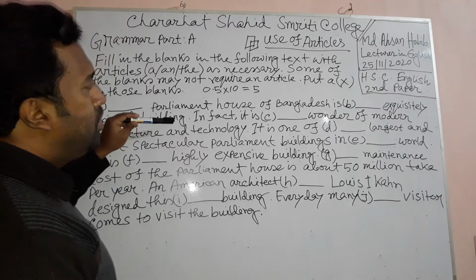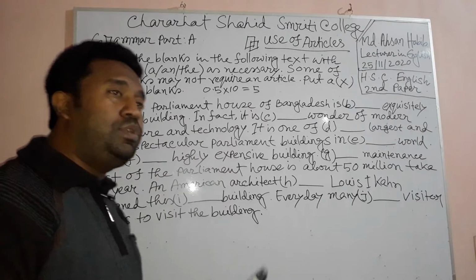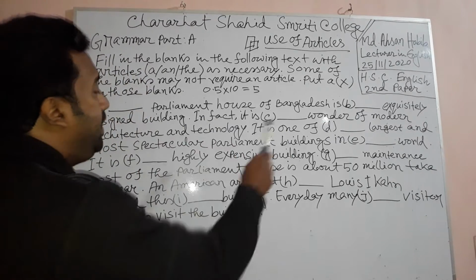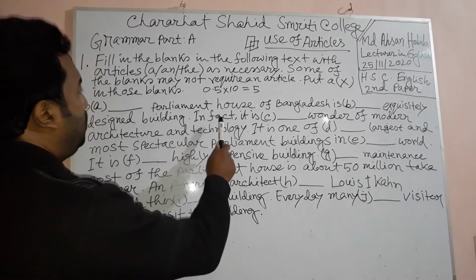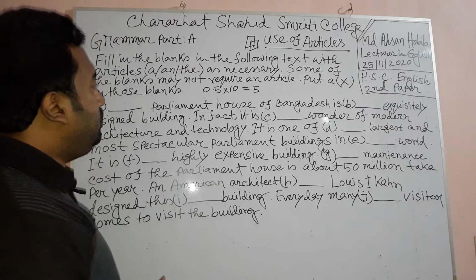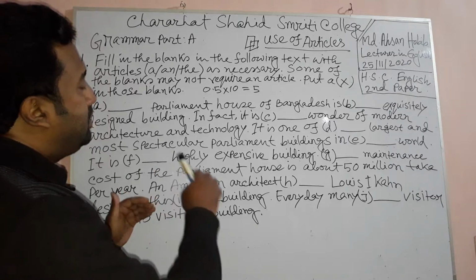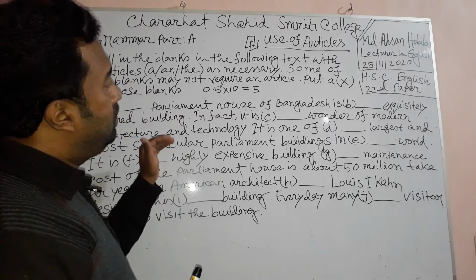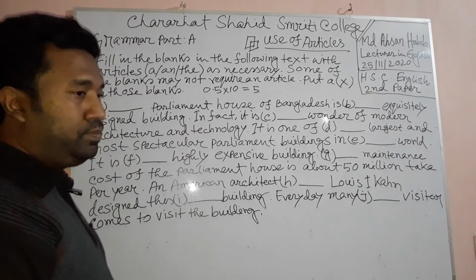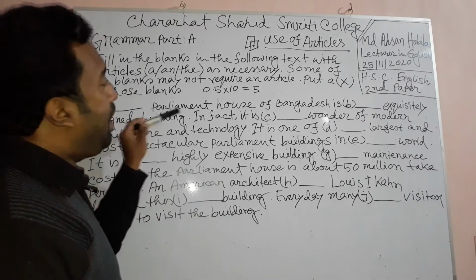This is the first sentence. So in your first sentence you have 2 blanks, so you have to think in context what is being said here. The Parliament House is a house where our MPs sit and discuss political issues. We have only one Parliament House in our country, and this passage is about the Parliament House.